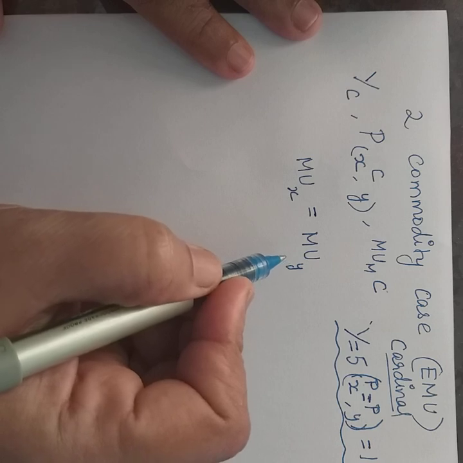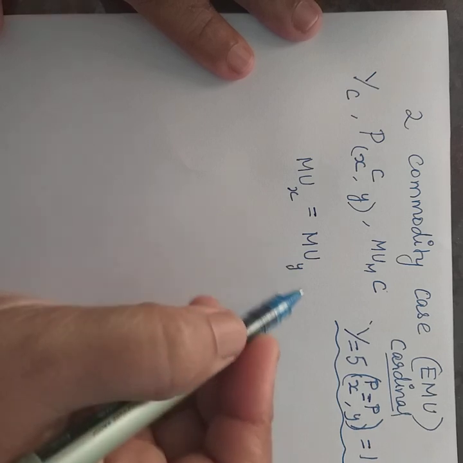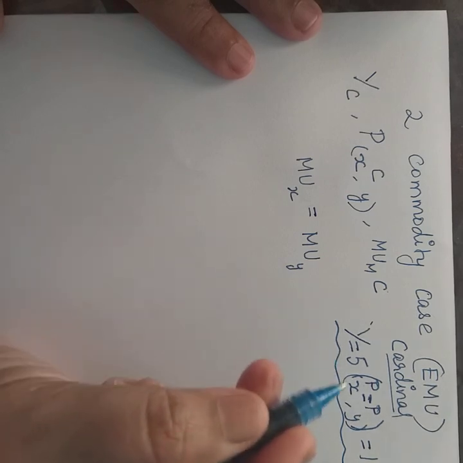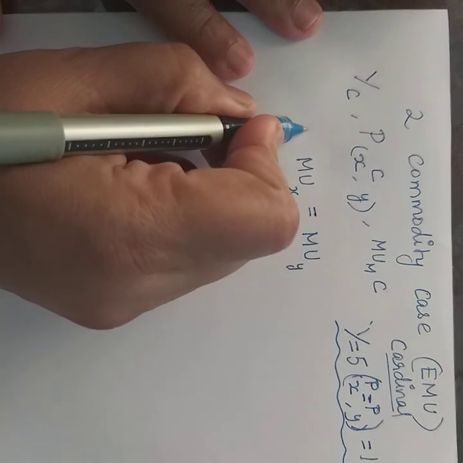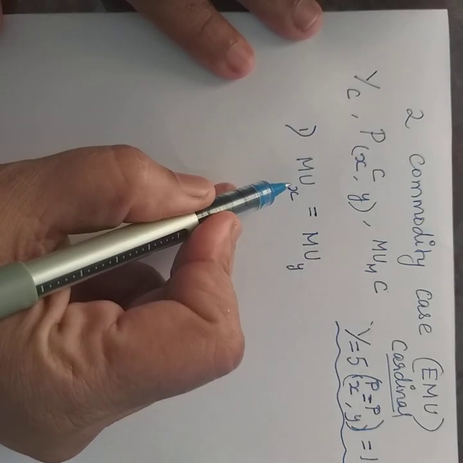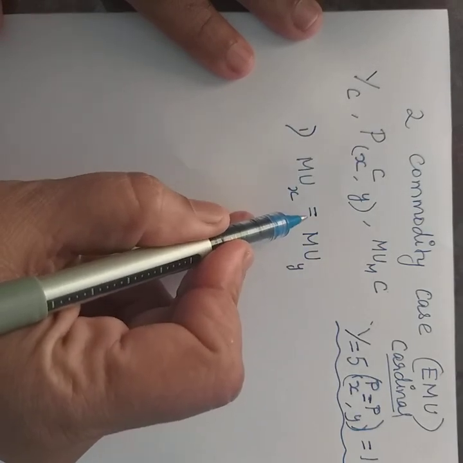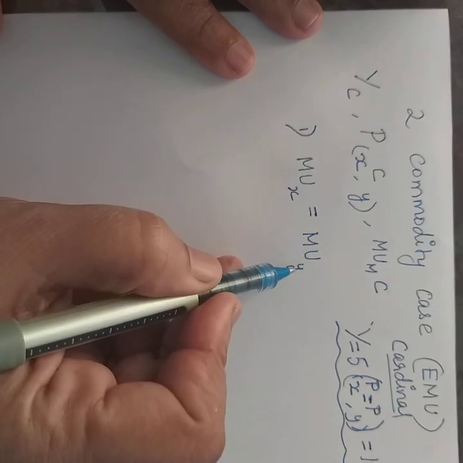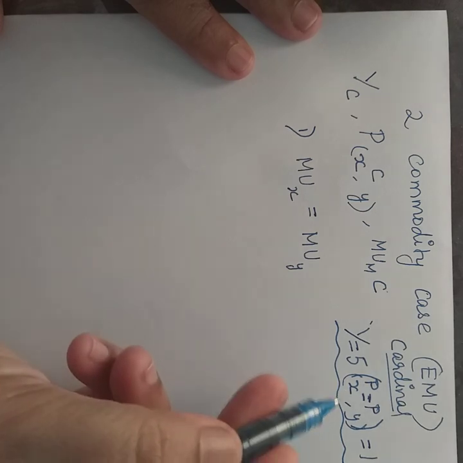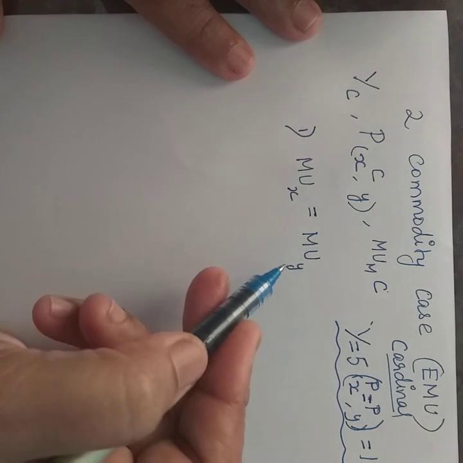Only then the consumer will attain maximum satisfaction or equilibrium. So, that is the first condition for equilibrium. Marginal utility of X product should be equal to marginal utility of Y product, because in this example these are the two commodities consumed, X and Y.